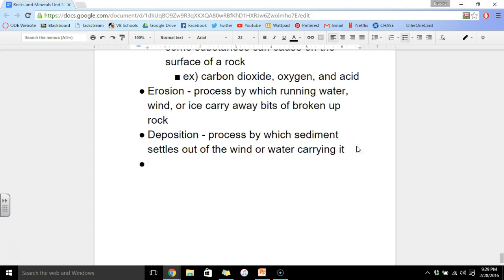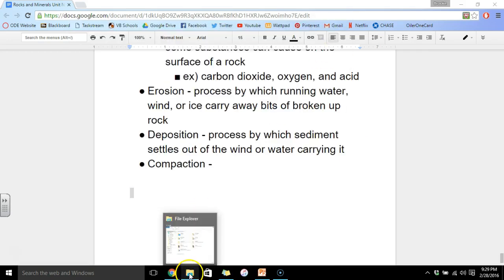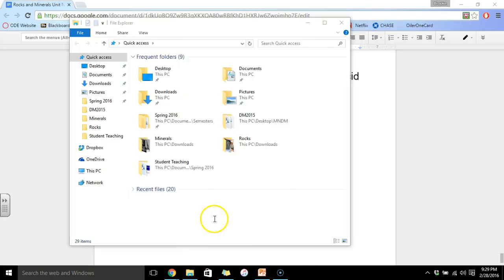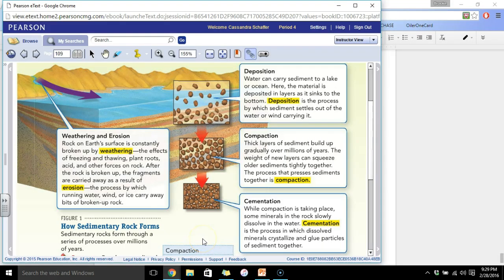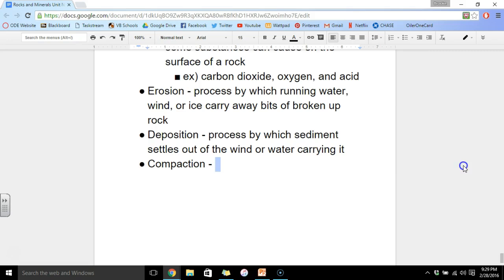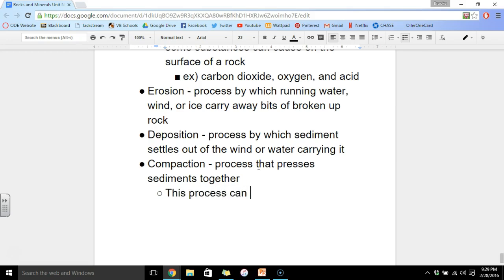So then we have compaction, the process that presses sediments together. And I'm going to just add that this process can take millions of years, because it's not an overnight thing, it happens over time.